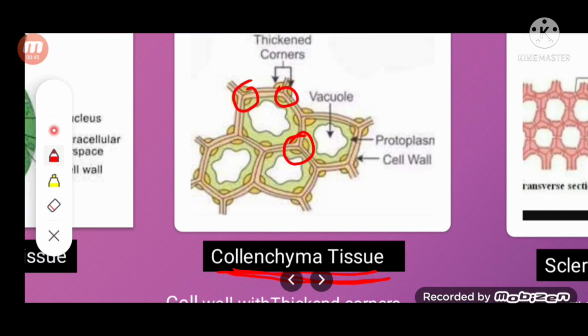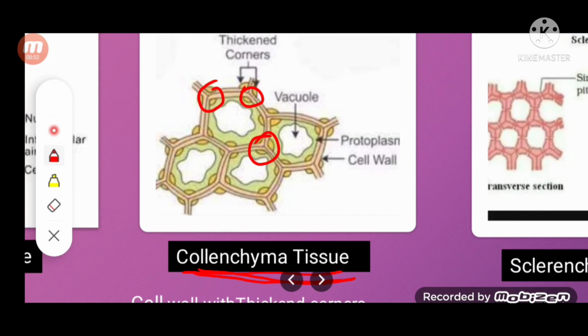As we have seen, parenchyma was also living, and this collenchyma tissue is also a living tissue. They have protoplasmic content, cell walls thickened at the corners, and vacuoles are also present.